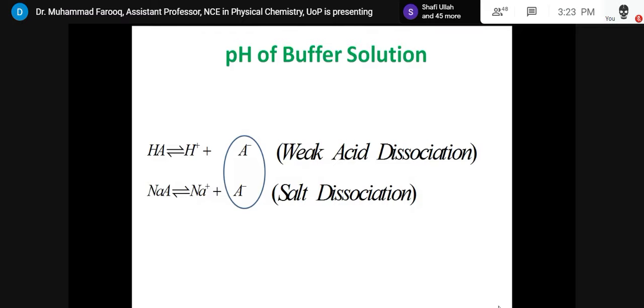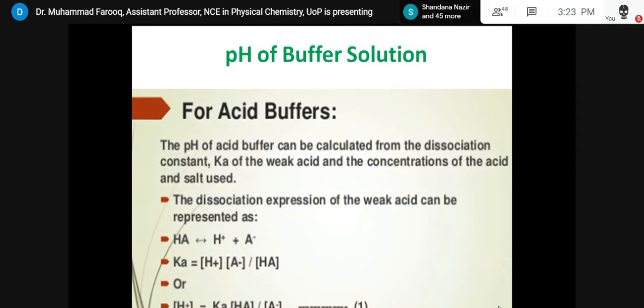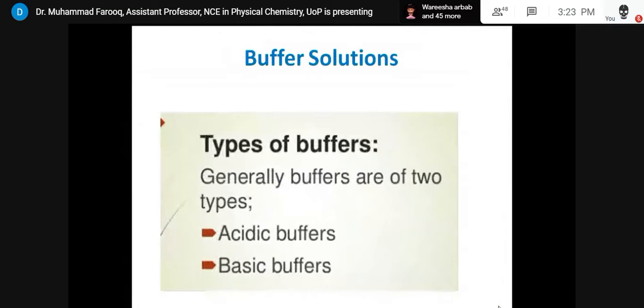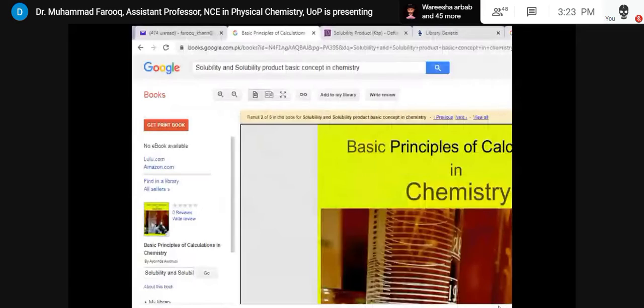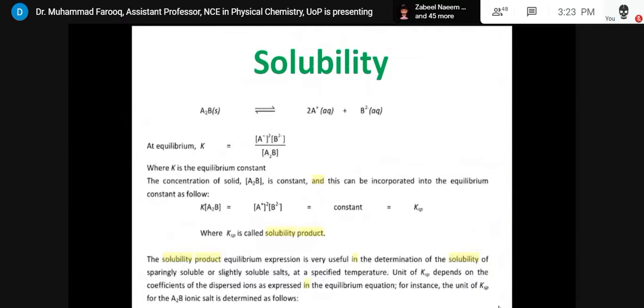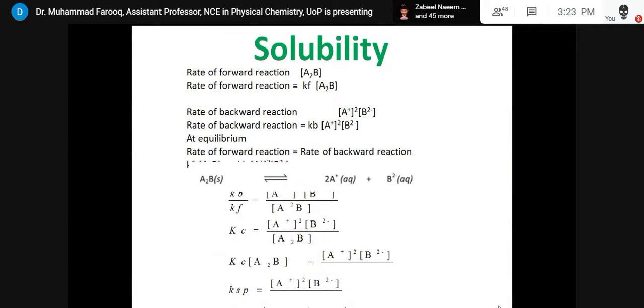How to calculate the pH of this solution? We have HA, which when dissociated produces hydrogen ion plus A negative. If you remember, the rate of forward reaction is equal to the rate of backward reaction at equilibrium.